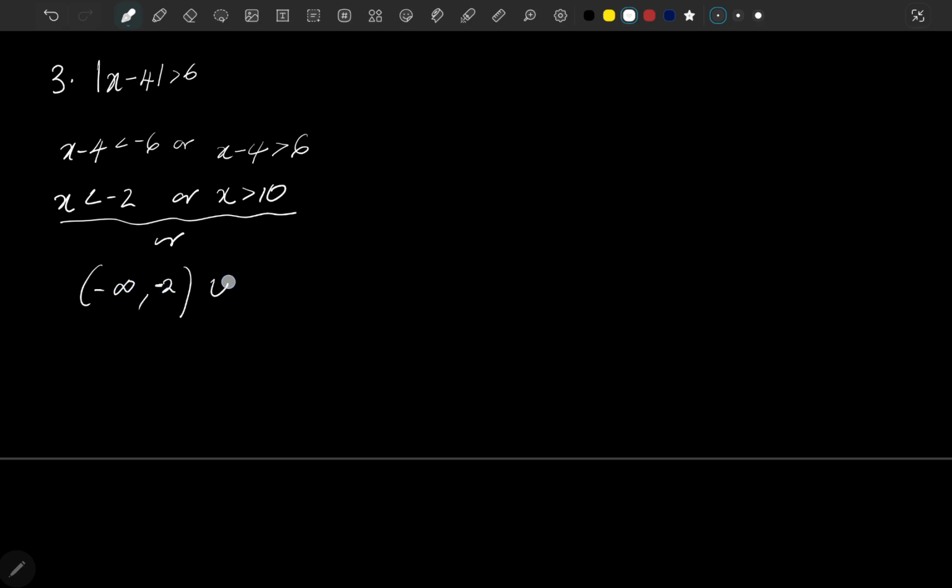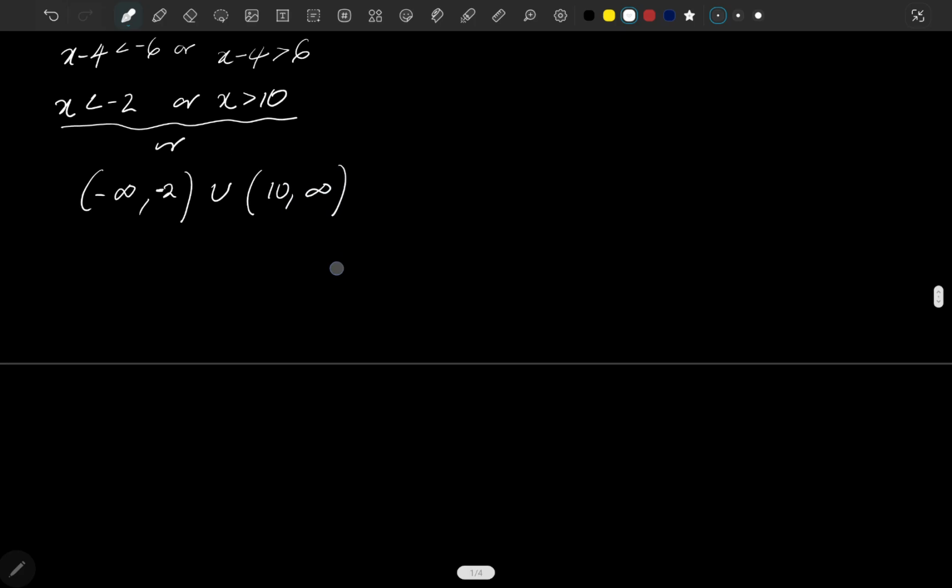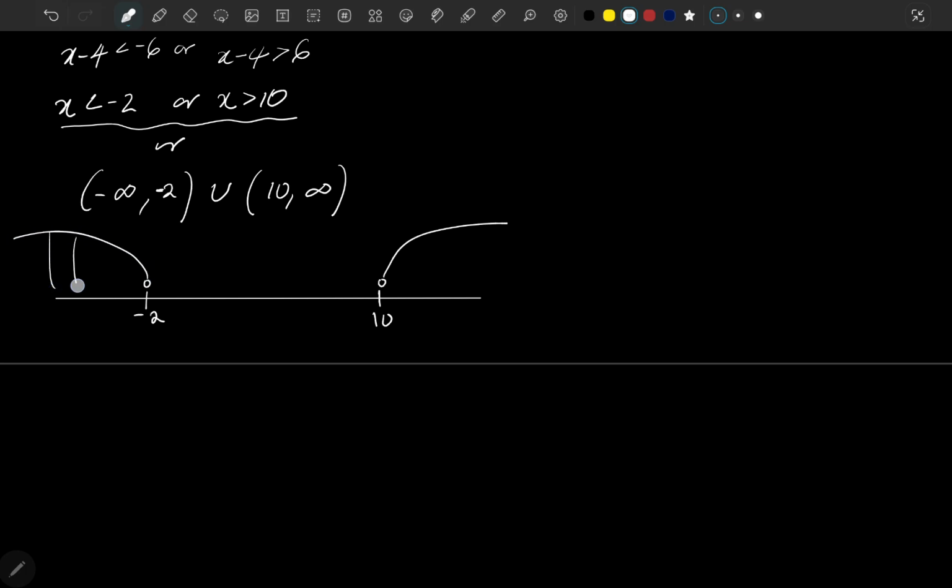Don't include them because there's no equal sign. On the number line, check where negative 2 is and where 10 is. They are not included, so we use circles that are not shaded. This side and this particular side is where our x lies.